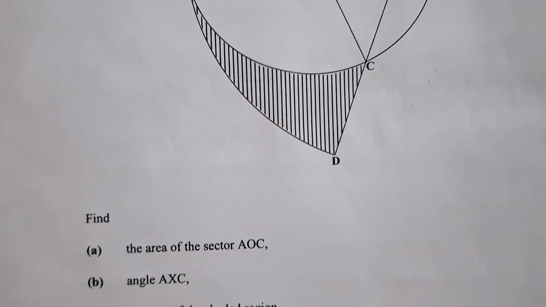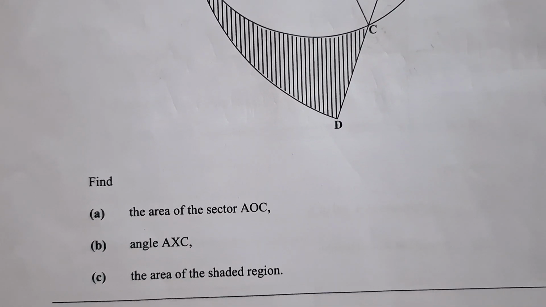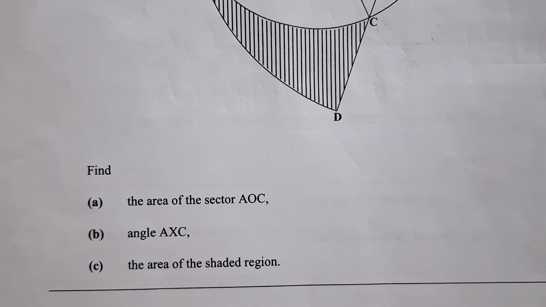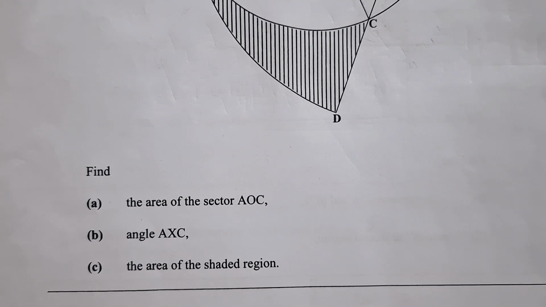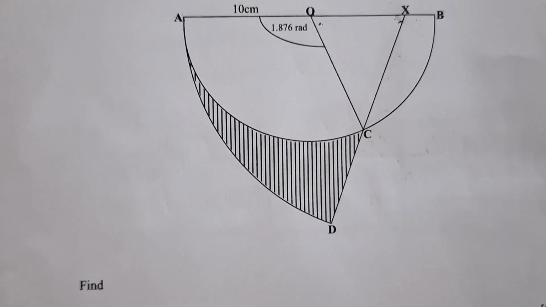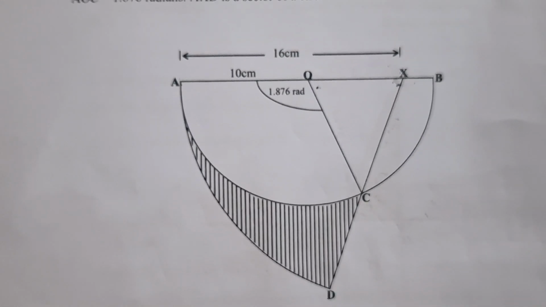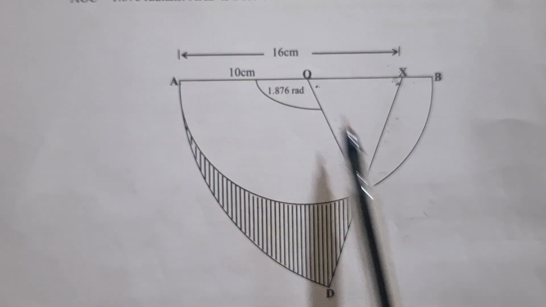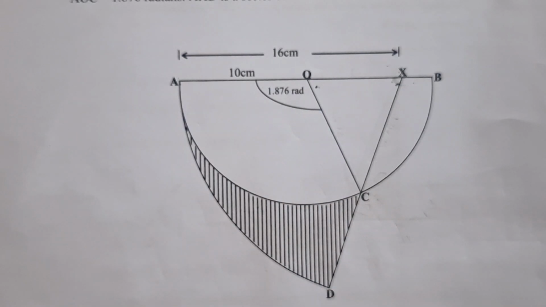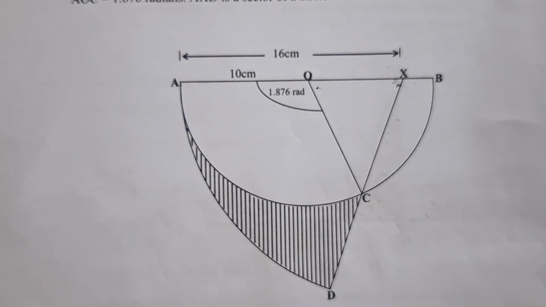The questions read, find the area of the sector AOC. That's question A. Let's check nicely. We need to find the area of the sector AOC. So what is it that we need to do?